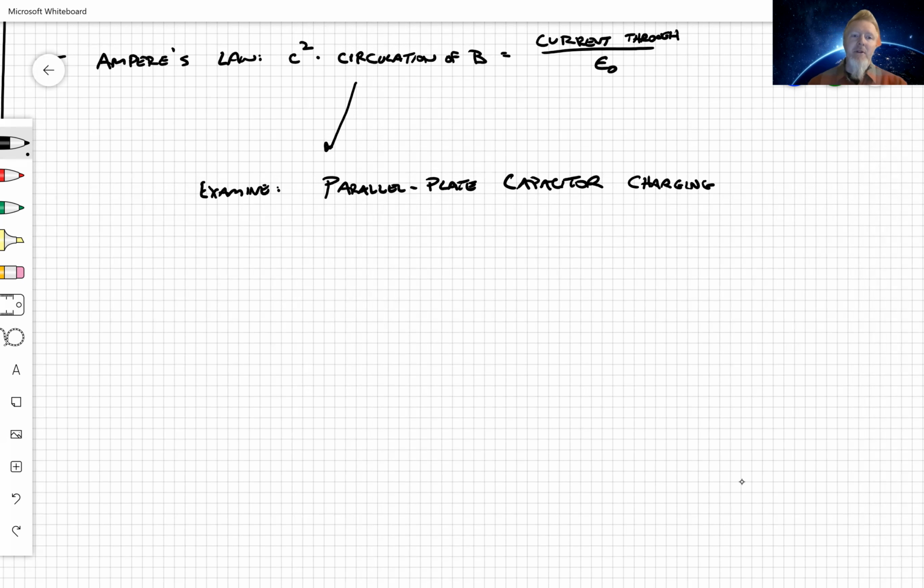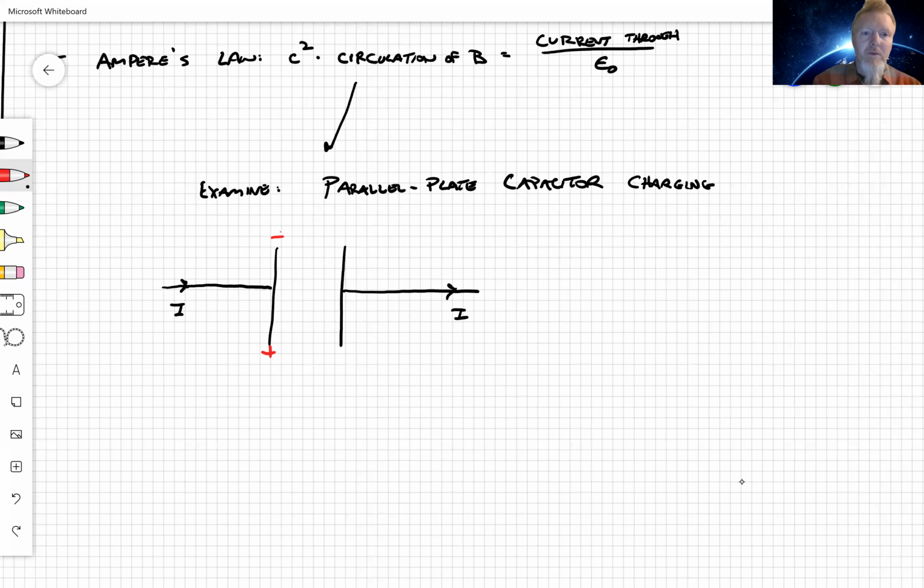What I am going to look at is the plate like this. Current's coming in from this side. Negative charges are leaving that side. So let's say I goes like this. I mean, negative charges are getting put on that side. Positive charges are leaving that side. Okay, so I'm going to make this into a positive left-hand plate and a negative right-hand plate, like that.